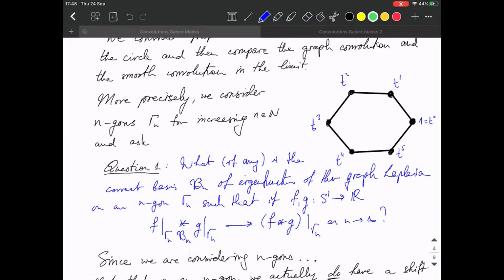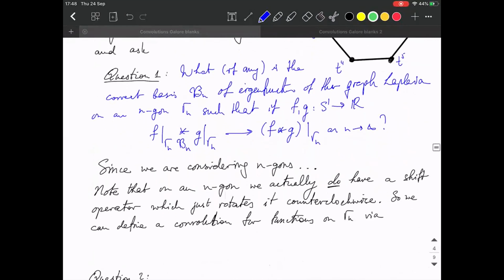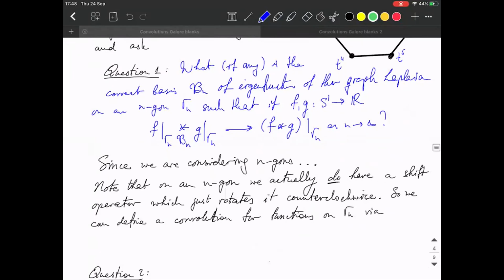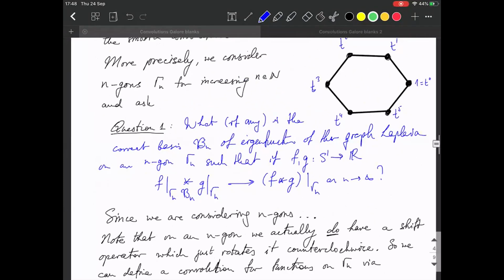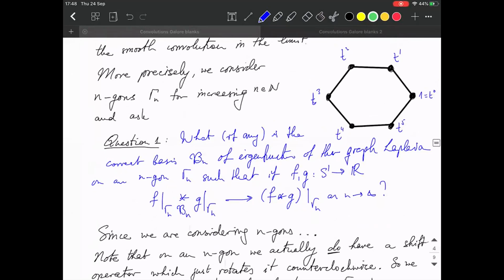This representation is useful because we can easily represent the shift action as just multiplication by t. Of course, we have to read the exponents here modulo 6. So on the n-gon itself, we have this shift action that's just multiplication by t.